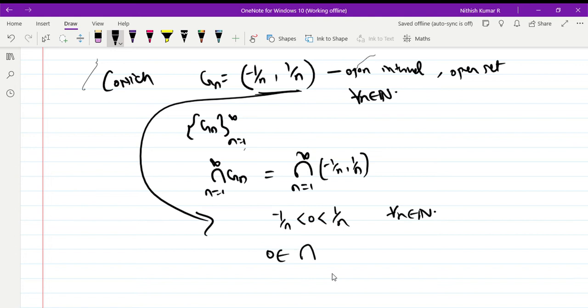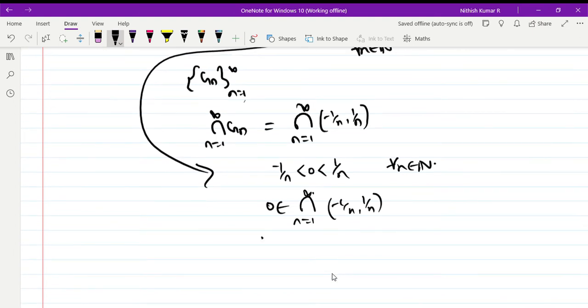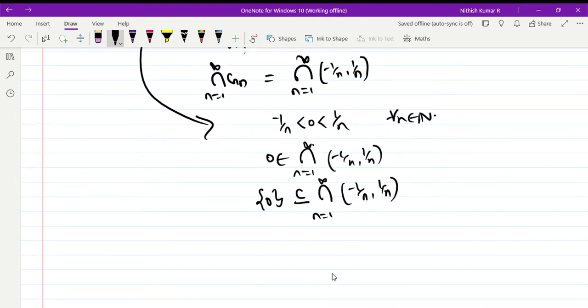In particular, it belongs to the intersection of (-1/n, 1/n) where n ranges from 1 to infinity. Therefore the singleton set {0} is clearly contained in the intersection of (-1/n, 1/n), n ranges from 1 to infinity. Now let x belong to the intersection of (-1/n, 1/n), n ranges from 1 to infinity.